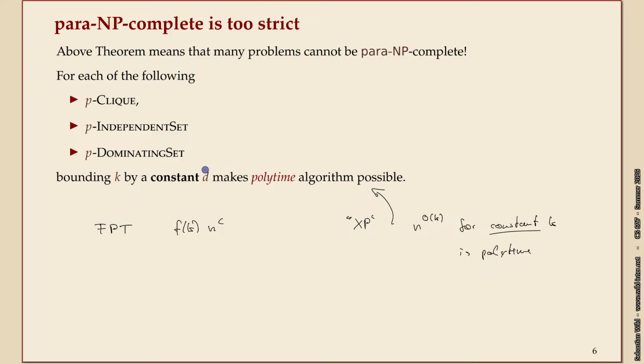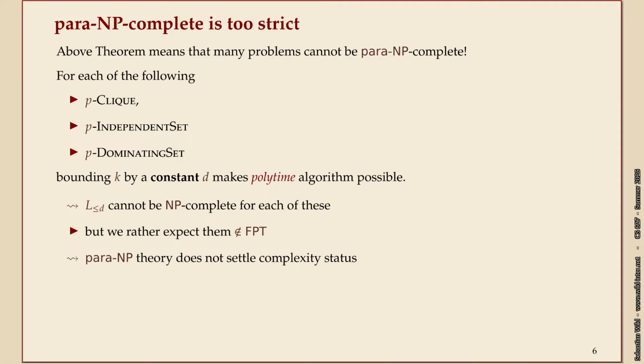So problems where there's some hope to get a good algorithm, but it doesn't seem to work with an FPT time. It doesn't help us tell why that is the case, why these problems don't really seem to allow an FPT algorithm. So we'll have to brush up the theory a bit to make that distinction.